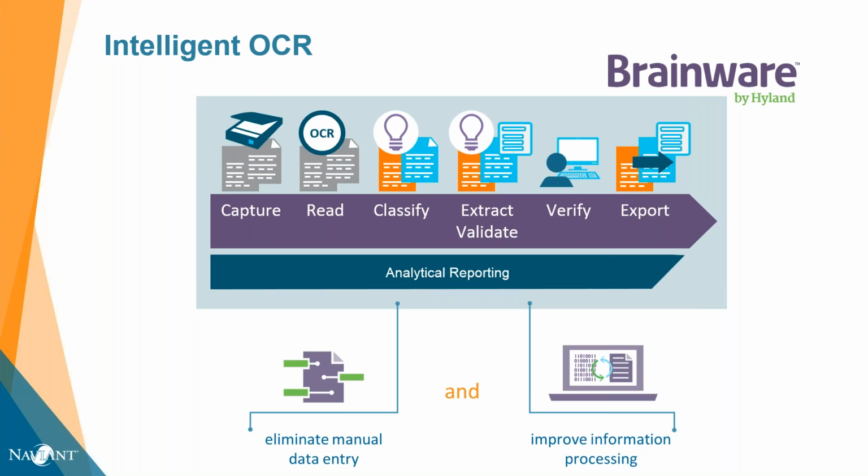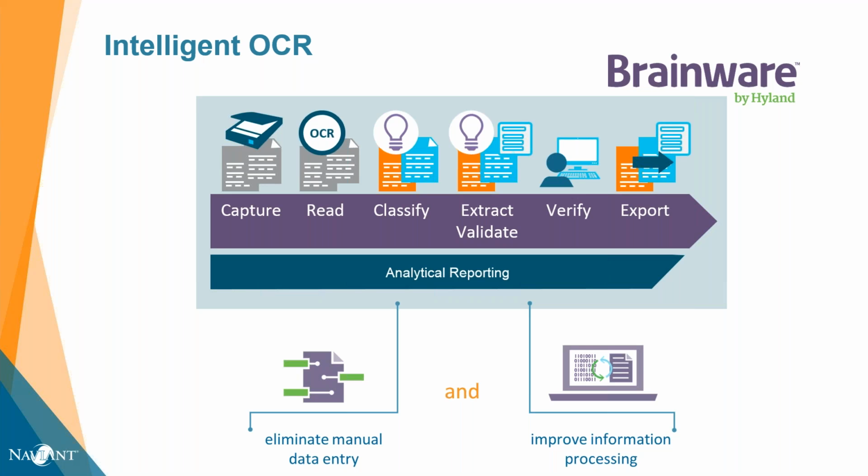But then once we've identified what type of document has been captured, the system is able to extract the appropriate information that's going to be necessary for posting those transactions into your ERP system, SAP in our example, which helps us to eliminate a lot of that manual data entry. And that's where we're really seeing the efficiencies of the system.